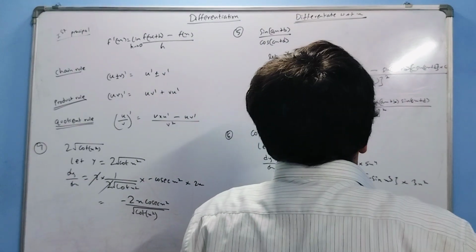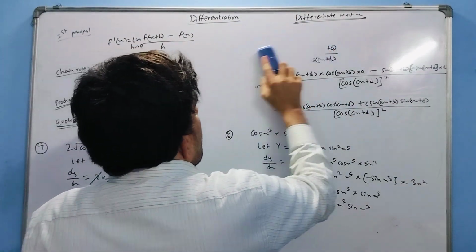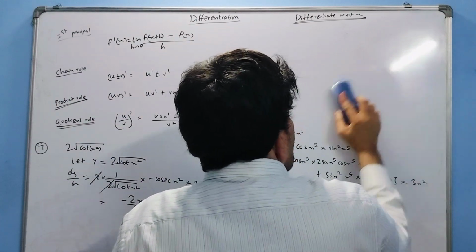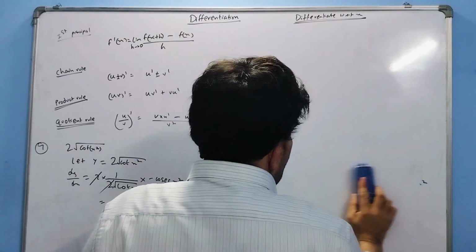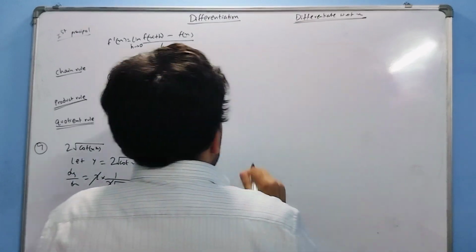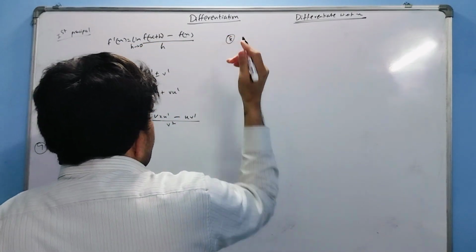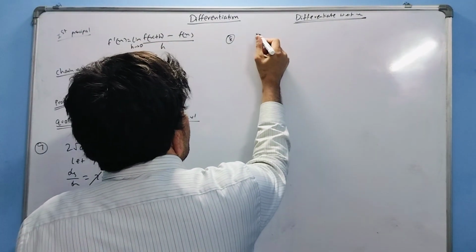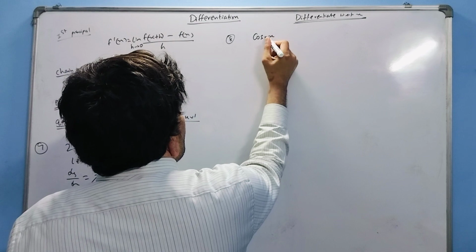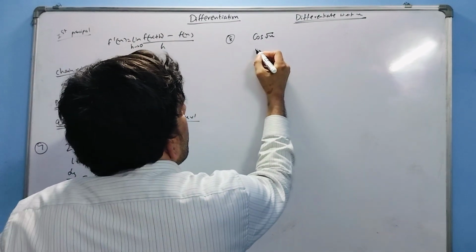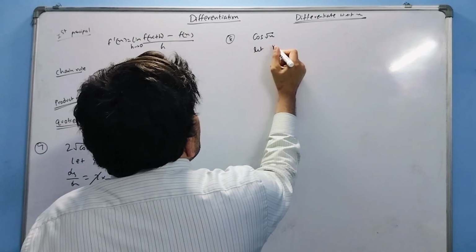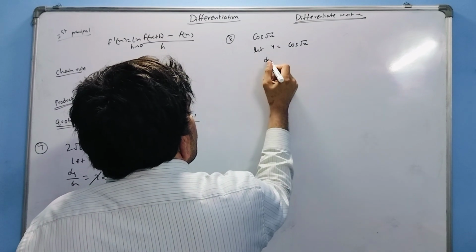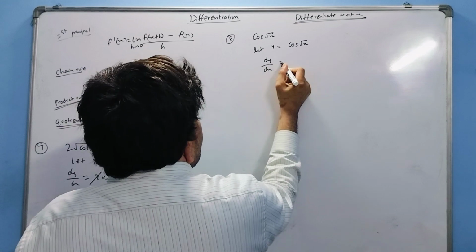Let us see what question number 8 says. We have cos root x. So how will we differentiate this function? Let us assume that y is equal to cos root x. Now we'll differentiate: dy upon dx.